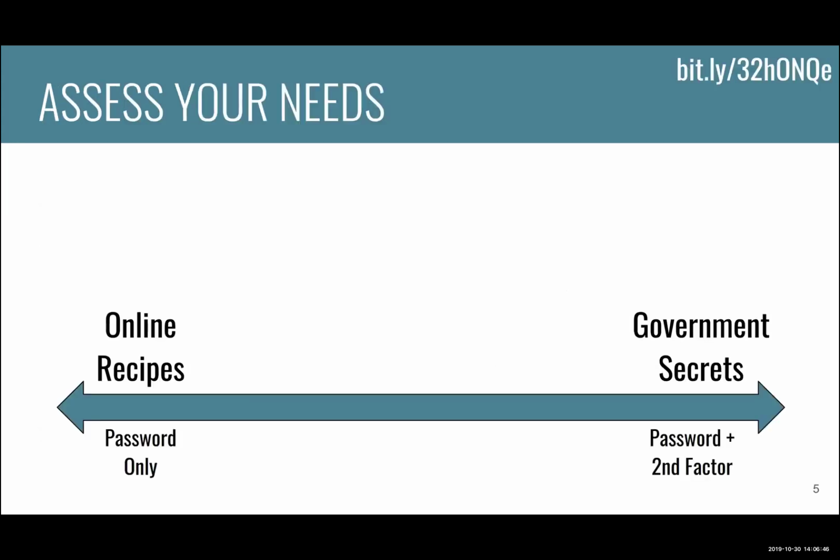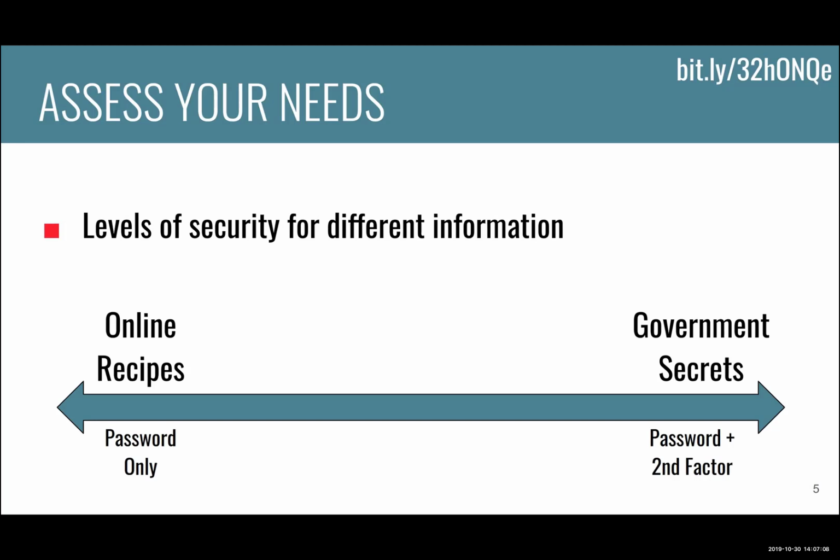So we introduced this sliding scale in our passwords workshop. There are things that are maybe not as critical, and things that are more key. Something like your allrecipes.com account, maybe having a password only, not having two-factor authentication, is not a big deal.